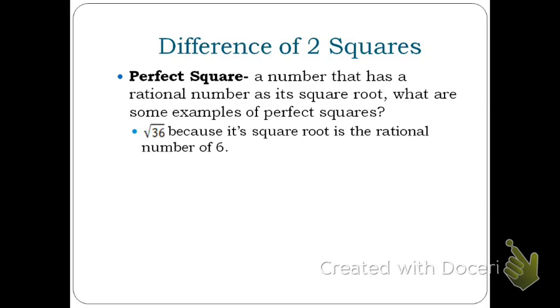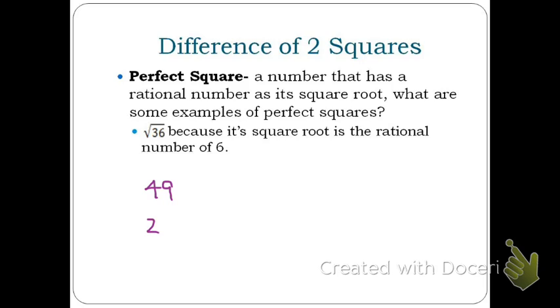Take a look, you see 36 is a perfect square because if you take the square root of 36, we would get the number 6. There are also other examples you may think of. Other perfect squares may be, for example, 49. If you take the square root of that, you get a whole number, 7.